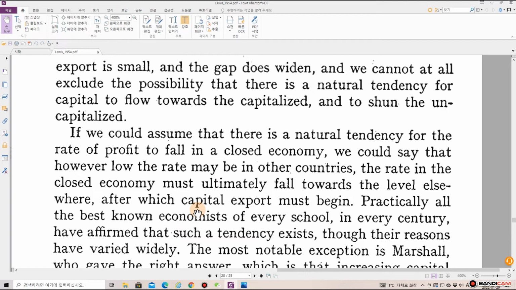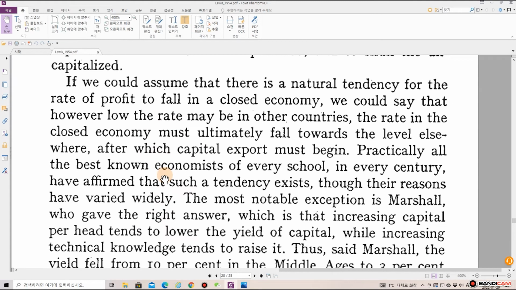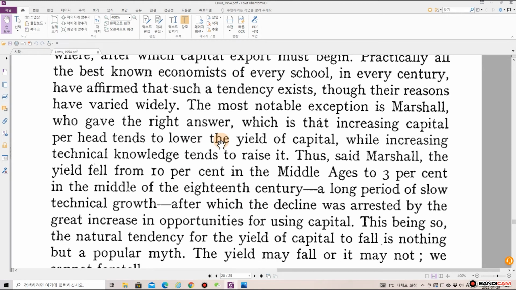If we could assume that there is a natural tendency for the rate of profit to fall in a closed economy, we could say that however low the rate may be in other countries, the rate in the closed economy must ultimately fall towards the level elsewhere, after which capital export must begin. Practically all the best known economists of every school in every century have affirmed that such a tendency exists, though their reasons have varied widely.